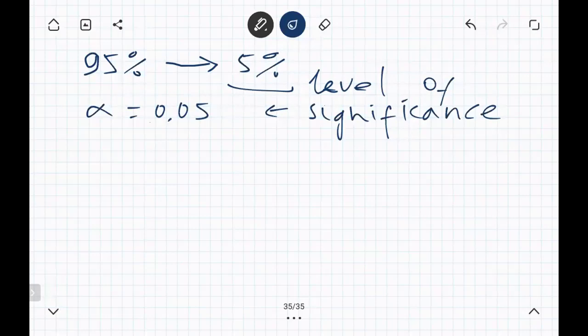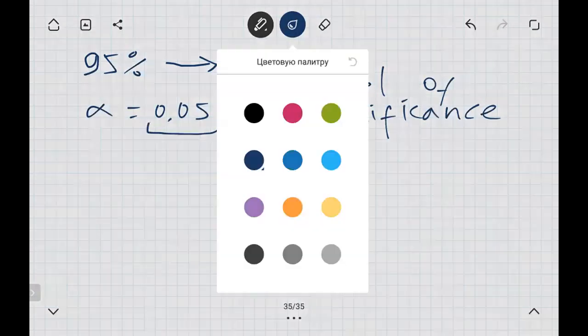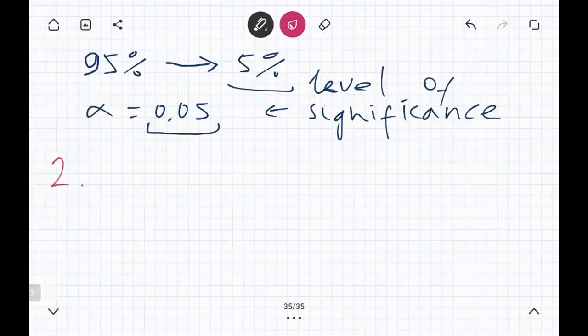So in fact, this number, 5%, is the level of risk we are going to allow. Testing the hypothesis is a risky thing, and the exact level of risk you allow is this, and it's called level of significance. So that's our step 2. Step 2 is just choosing the level of significance.